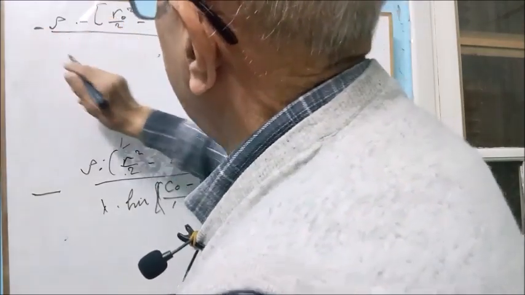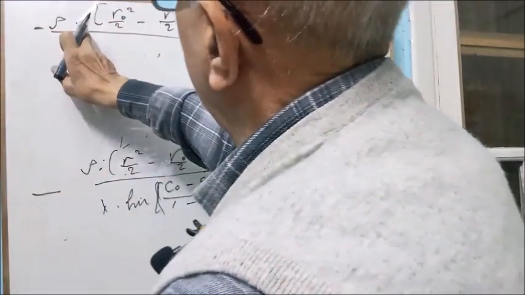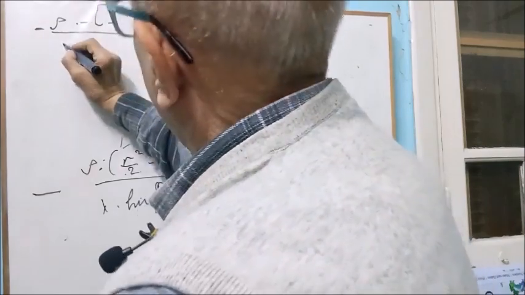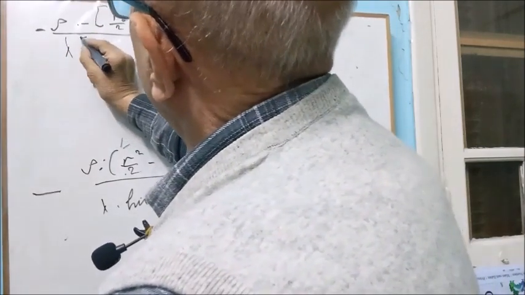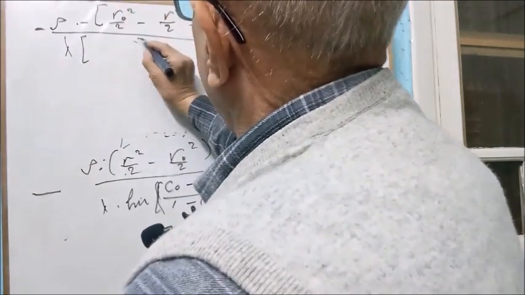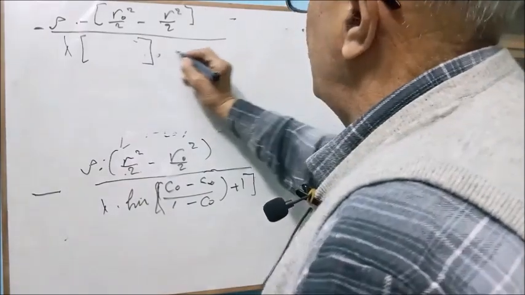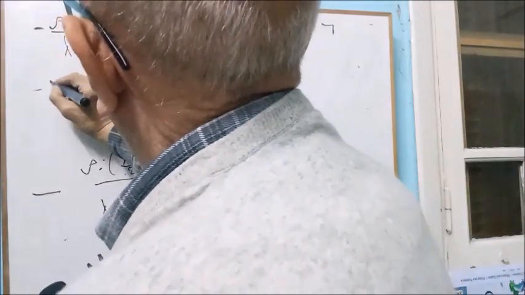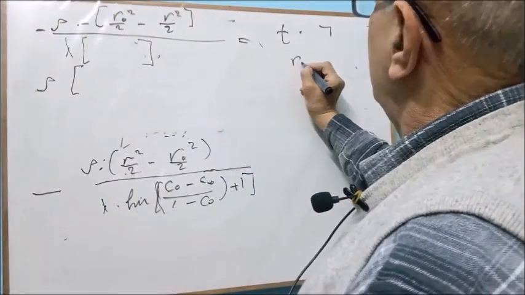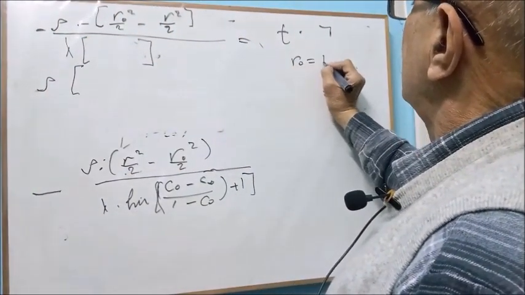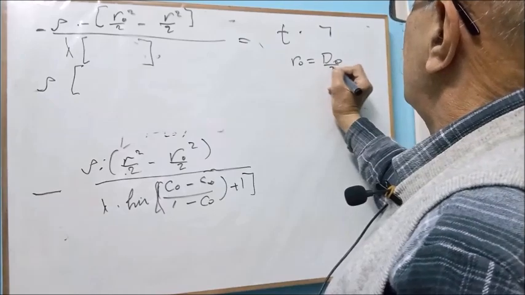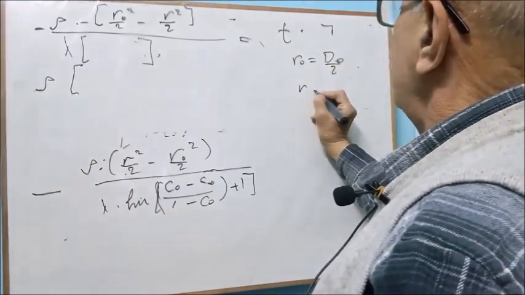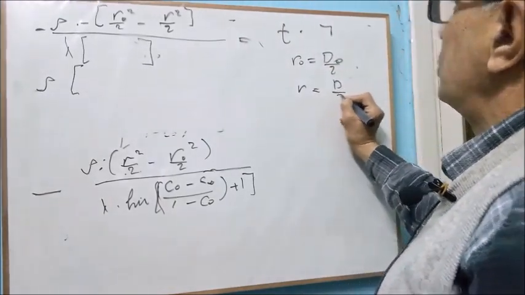So this is minus and minus, so the whole quantity now becomes positive, and we have lambda times the ln term equals t. Minus times minus, so it is rho into, note that R0 equals d0 over 2, and consequently r equals d over 2.